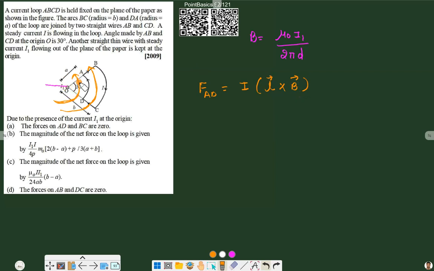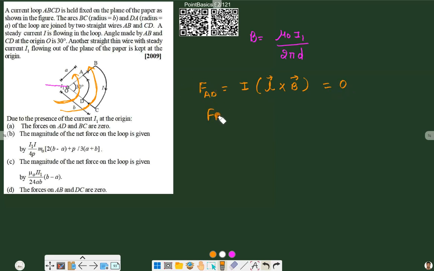As we can see from the diagram, this arc is circular and its center is O, and the magnetic field lines are also circular with center O. So the magnetic field lines and this arc are parallel to each other. Their angle is 0, so we have sine of 0, which is 0. So on AD the net force is 0.